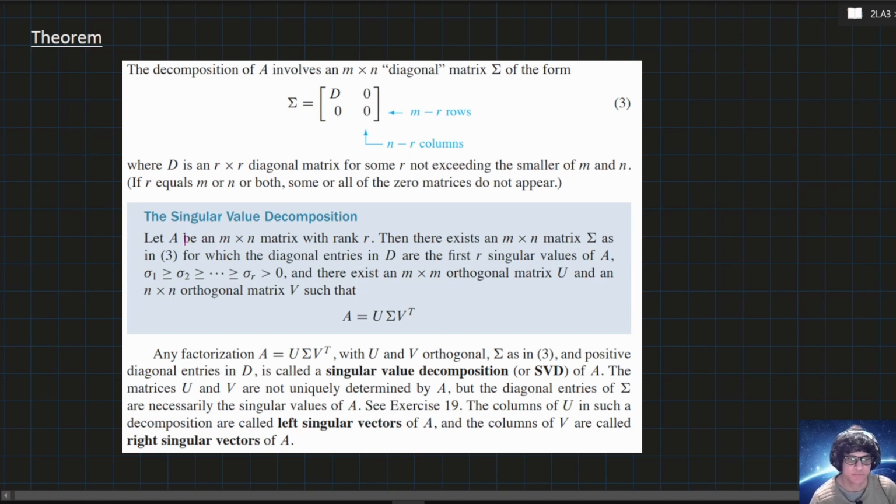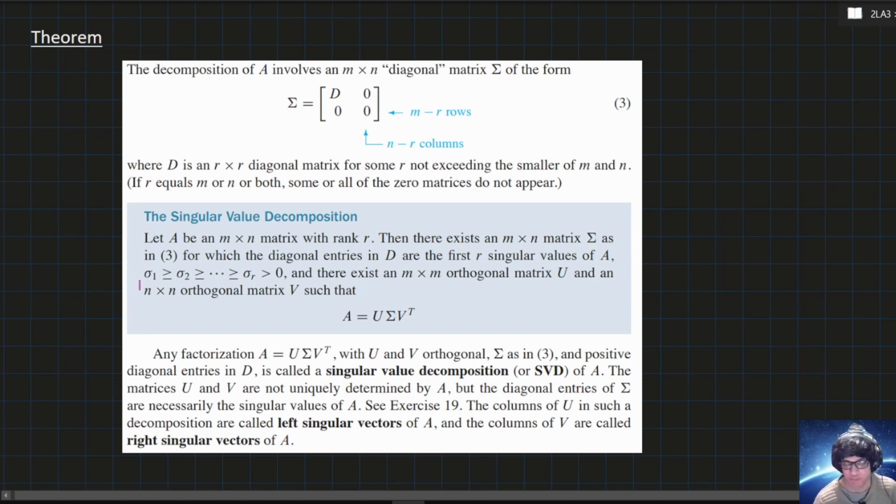Here's a full statement. If A is an m by n matrix with rank R, then there exists a sigma like this, which has diagonal entries. The first R diagonal entries are the first R singular values of A. We can order them like this because we know they're real numbers, and so they can be ordered.